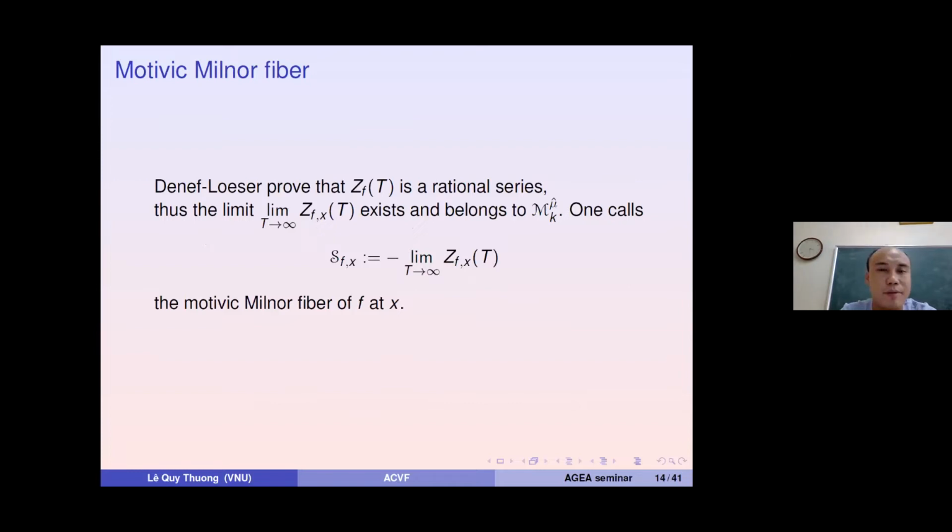In 1998, Denef and Loeser proved that the motivic zeta function is a rational series in that sense, and the limit of the motivic zeta function exists, and we call the opposite of the limit the motivic Milnor fiber of f at x.